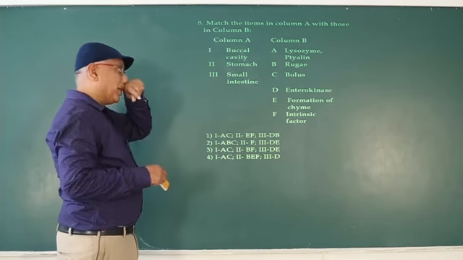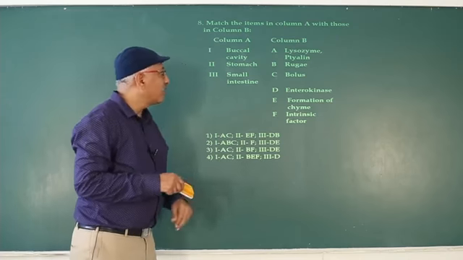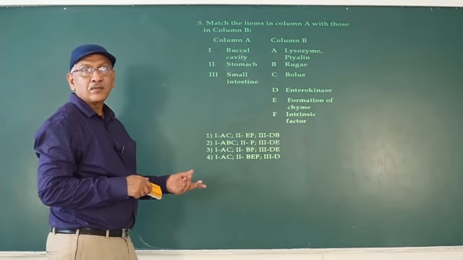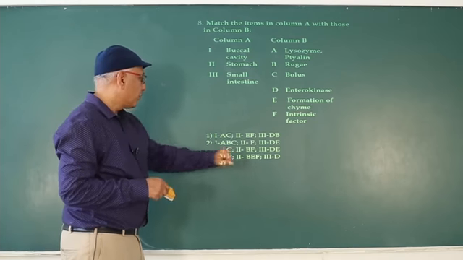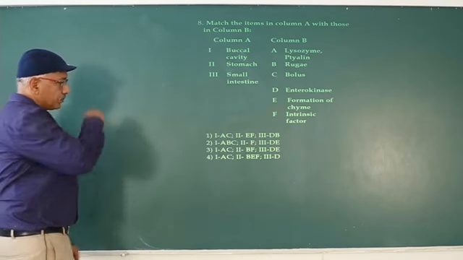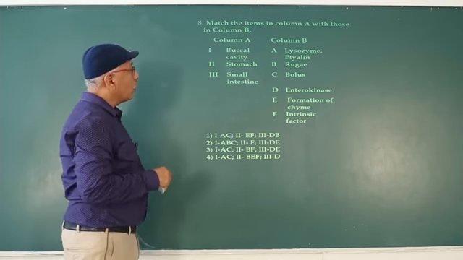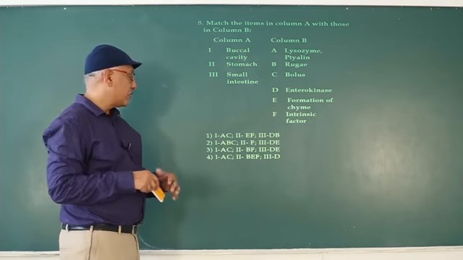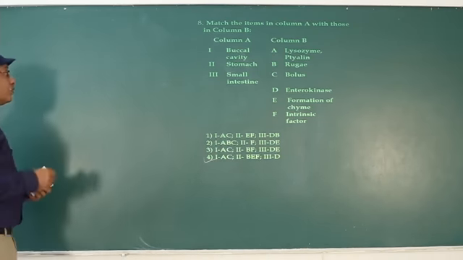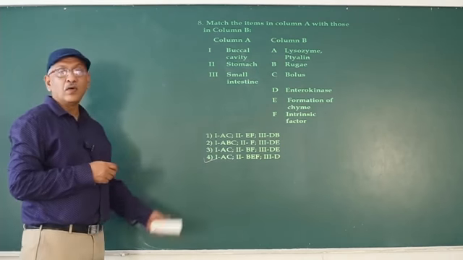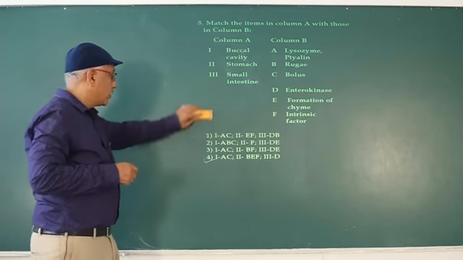Intrinsic factor is secreted by oxyntic cells, so 2 is BEF. Next one is small intestine, enterokinase enzyme. So the answer is the fourth option.